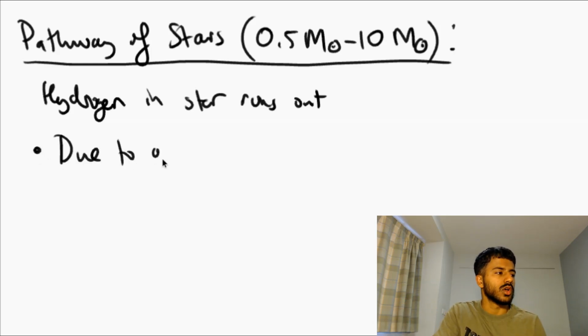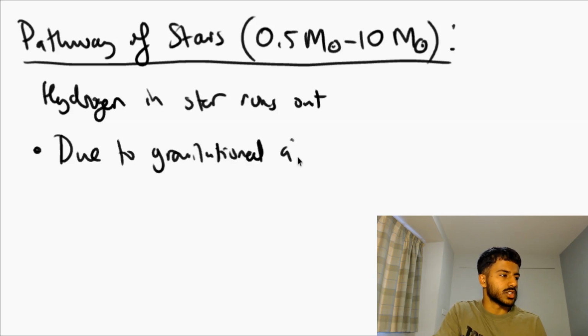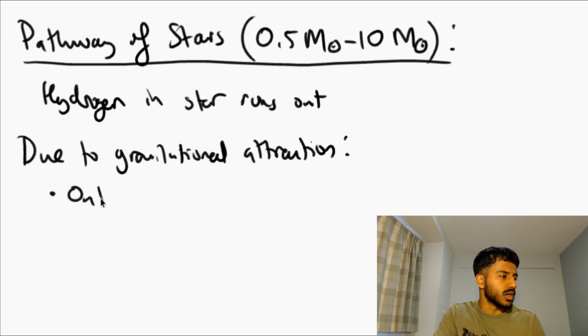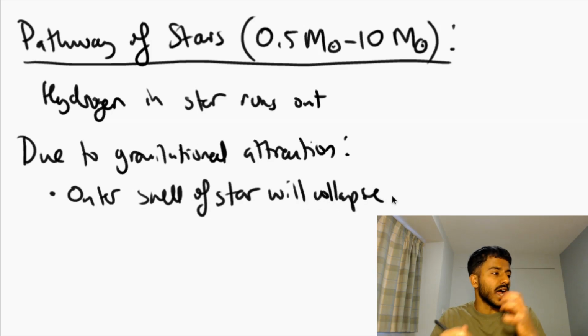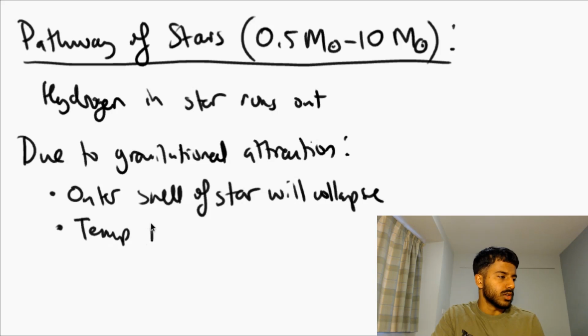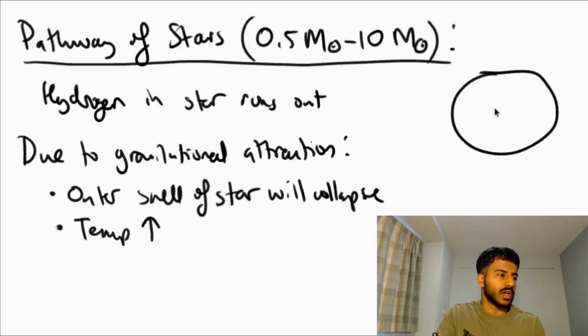So due to gravitational attraction, the outer shell of the star will collapse. And as it collapses, the temperature will increase. It might look something like this. We have a little core inside our star, and the outer shell is collapsing.